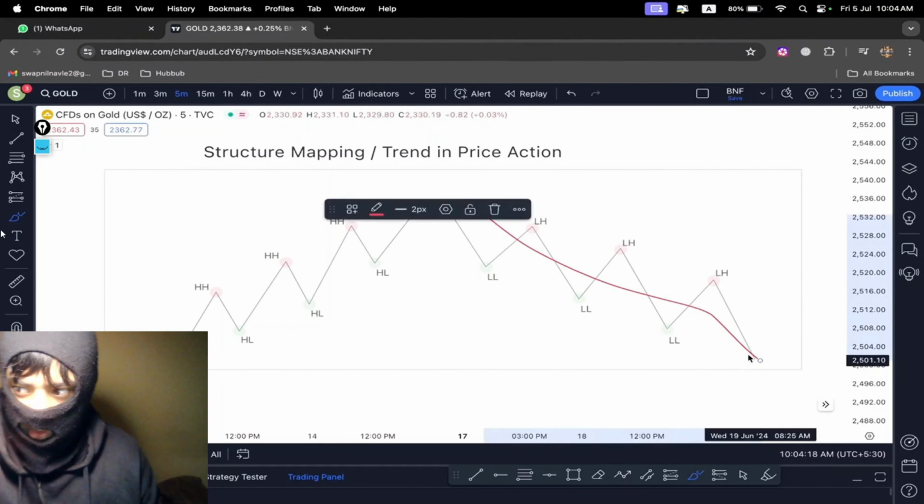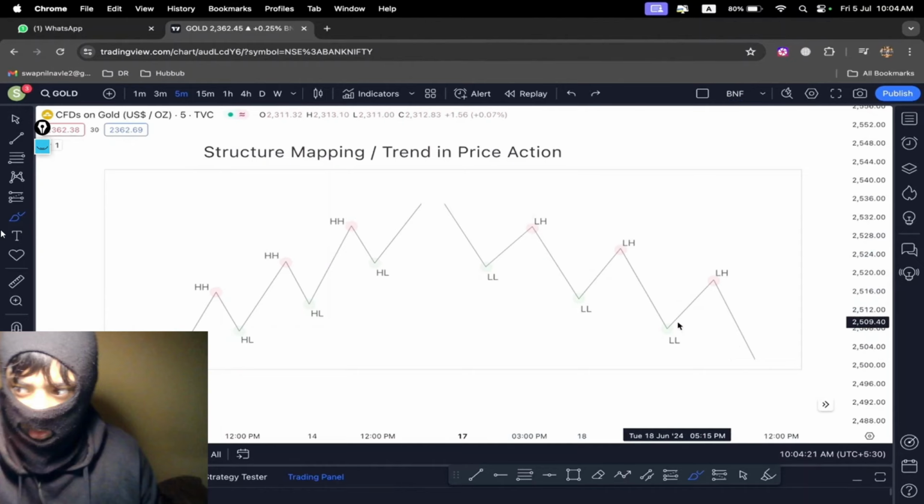If the market is going up, it's an uptrend. If it's going down, it's a downtrend. Bullish, bearish.